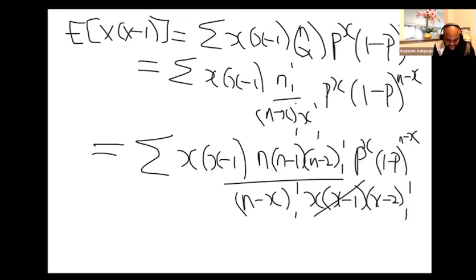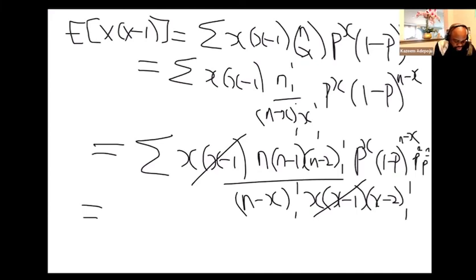So this guy we cancel. Take a look at that. When that cancels out, what am I going to have? I can introduce p squared and p raised to power minus 2.